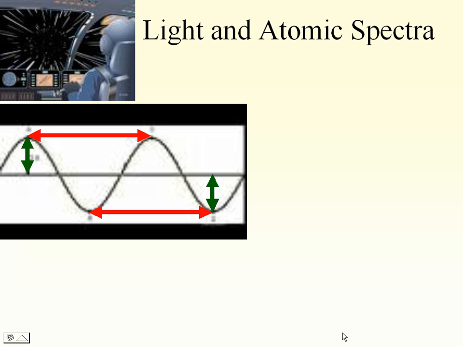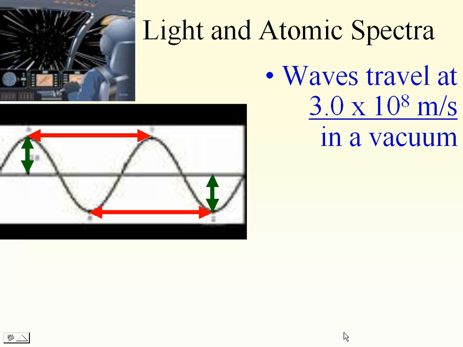Light and the atomic spectrum. Waves travel at 3.0 times 10 to the 8th meters per second in a vacuum. That would be in space.